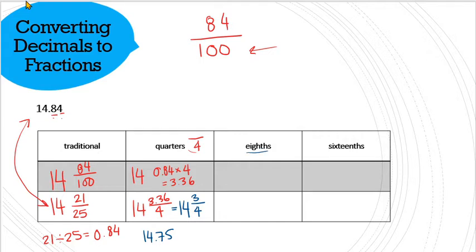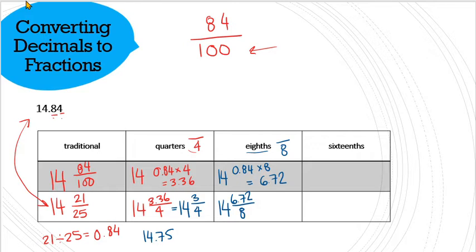Smaller divisions. To make eighths, fractions over 8, we have our 14, and we're going to do the decimal portion, 0.84, and we're going to multiply by what we want to make. We want denominators that are eighths. When we do that math, we get 6.72. So the exact value of this fraction is 14 and 6.72 over 8.